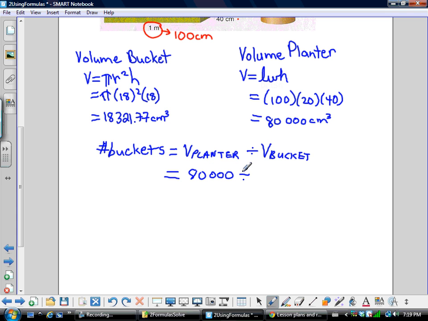divided by the 18,321.77. And when I do divide that, I end up with 4.4. So it doesn't work evenly. It's going to take me 4 full buckets and almost another half bucket.